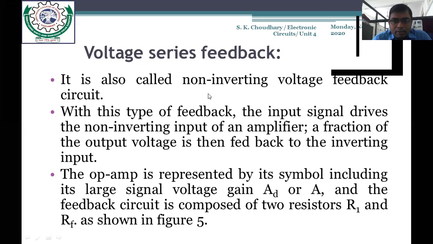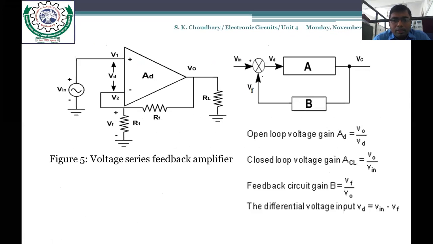I have also told you that voltage series feedback is also called a non-inverting voltage feedback circuit because in this case, the input signal is given to the non-inverting terminal and a fraction of the output voltage is fed back to the inverting terminal. Okay, so if you look at the diagram of the voltage series feedback, the op-amp has two terminals.